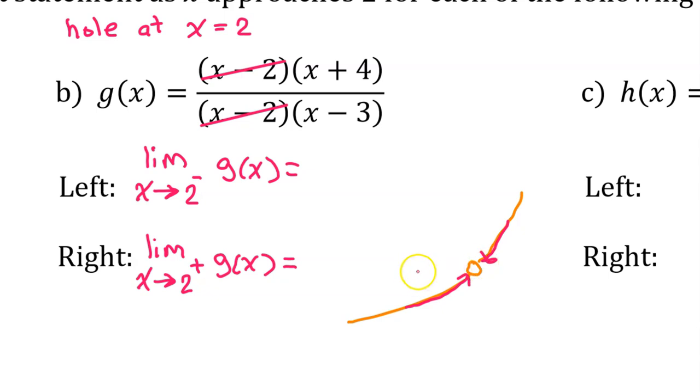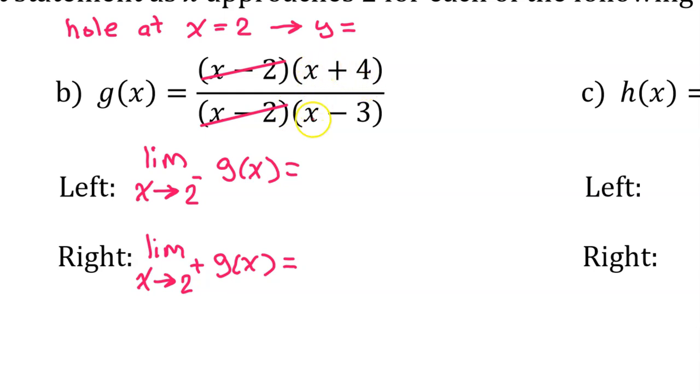And that constant will simply be the y value of that hole. We know the x value of the hole is 2. To get the y value, simply plug the x value into the function, or at least what's left of it after you cancel out the x minus 2.